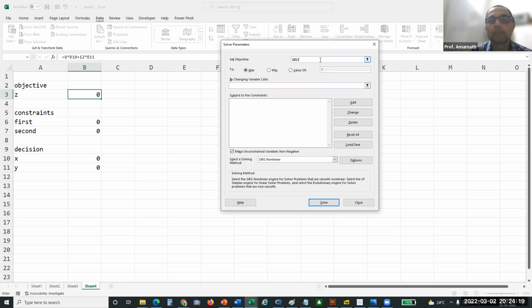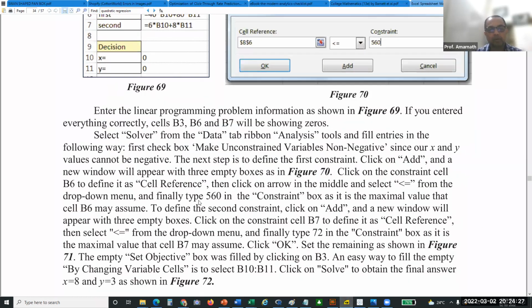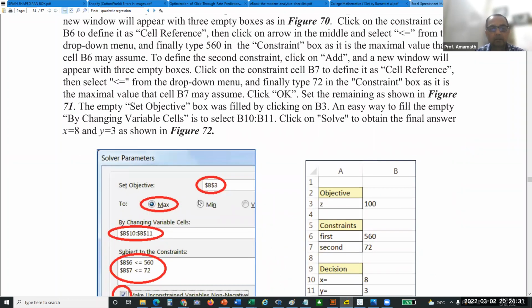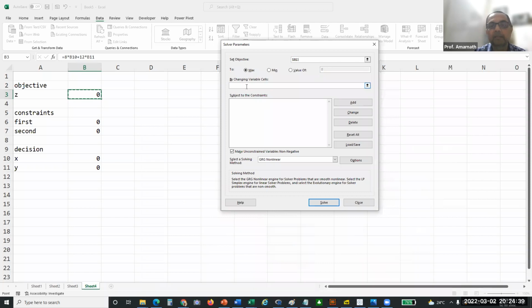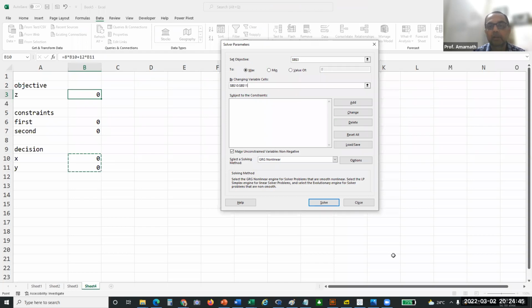Okay, objective is B3. So maximization problem. So B10 and B11 is what I need to change. Okay, so this is a maximization by changing B10 and B11. I got it.